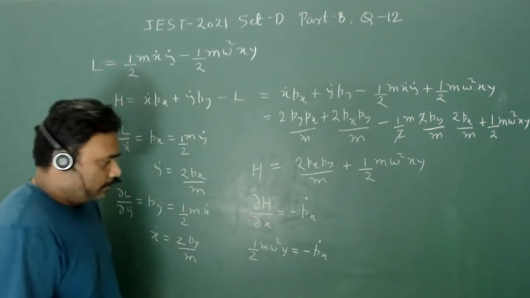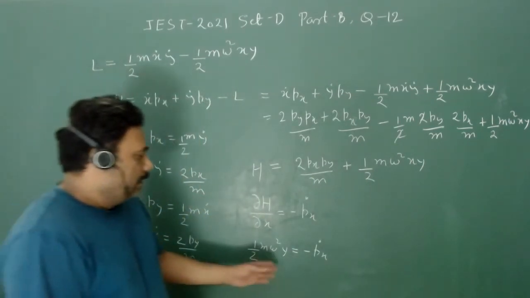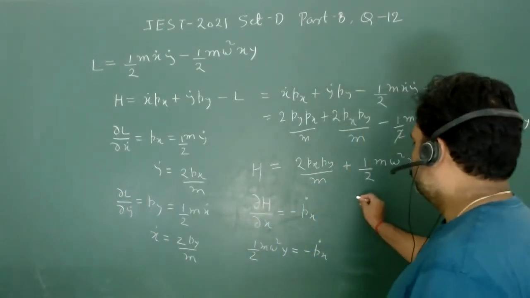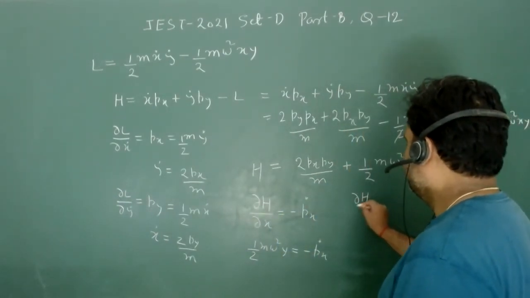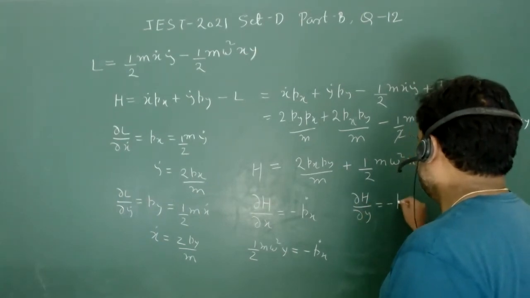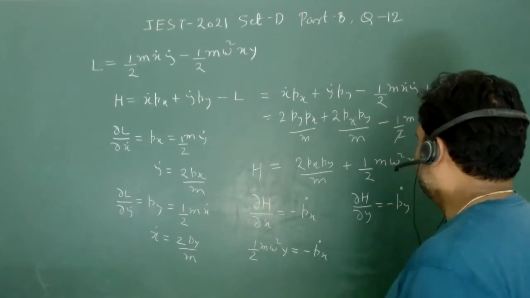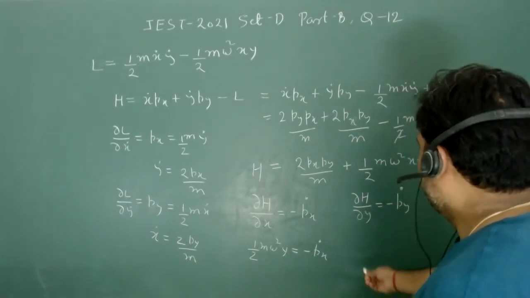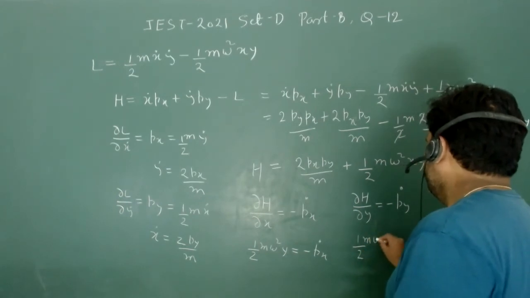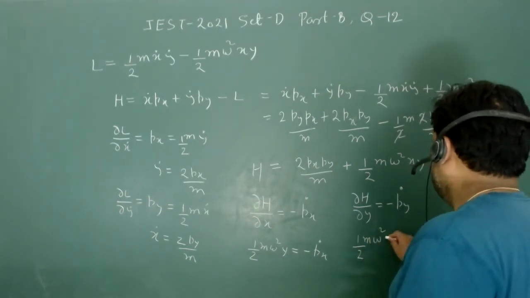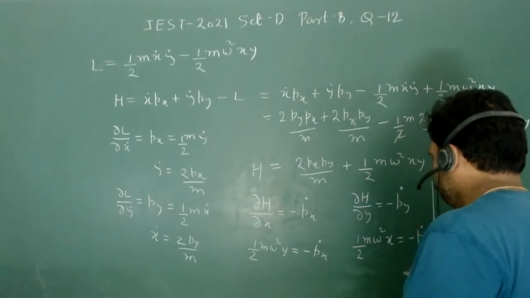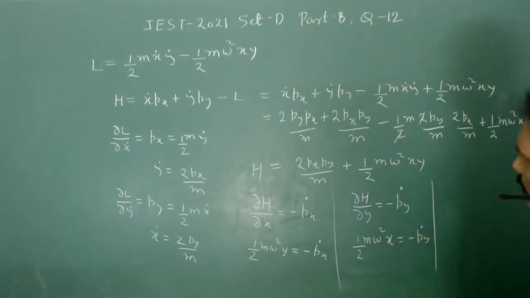This is one equation. Similarly, del H upon del y is equal to minus py dot, so half m omega square x is equal to minus py dot. This is my second equation.